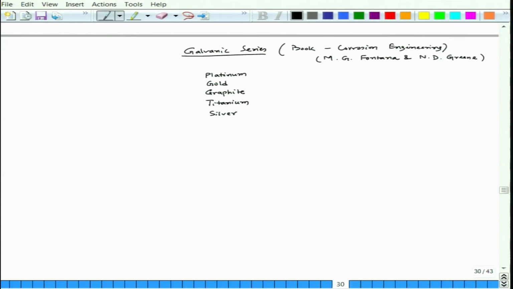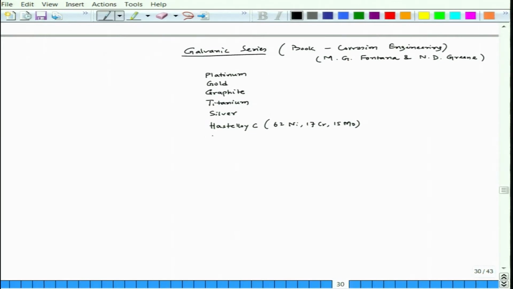Then we can say Hastelloy, which is, let us say, Hastelloy C, which is 62 weight% nickel, 17 weight% chromium and 15 weight% molybdenum.